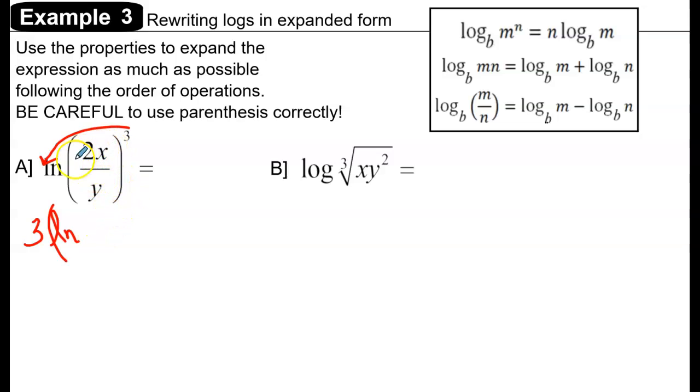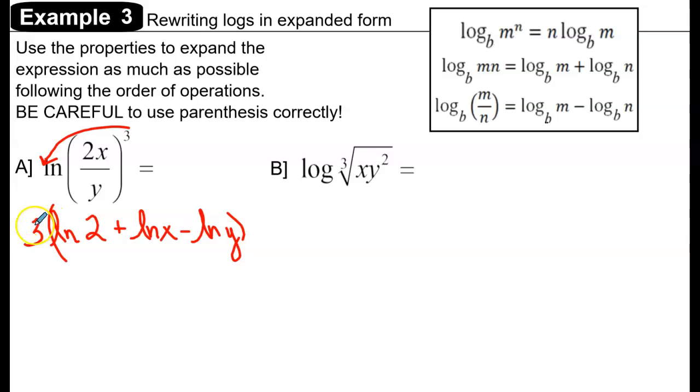And then in the numerator, we've got a product. So the natural log of 2x can be expanded into the natural log of 2 plus the natural log of x. And then in the denominator, we have a y, and that would be the quotient property. So we use a subtract and then the natural log of y.